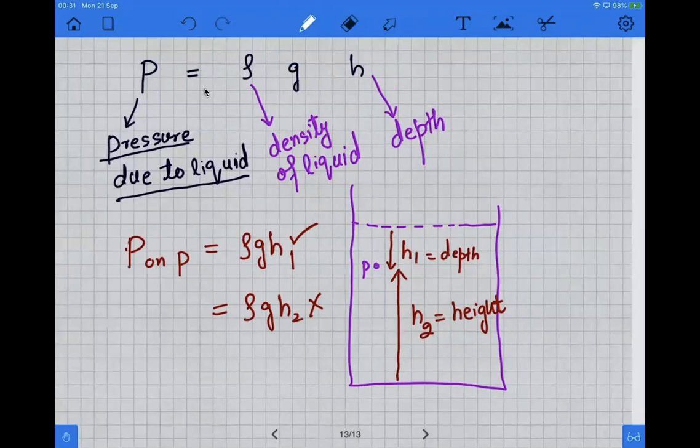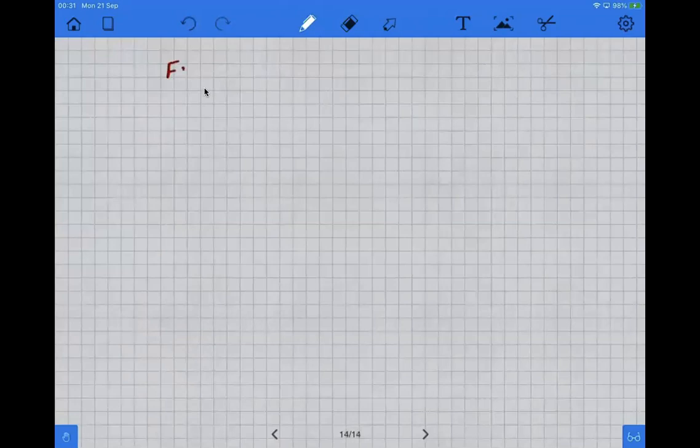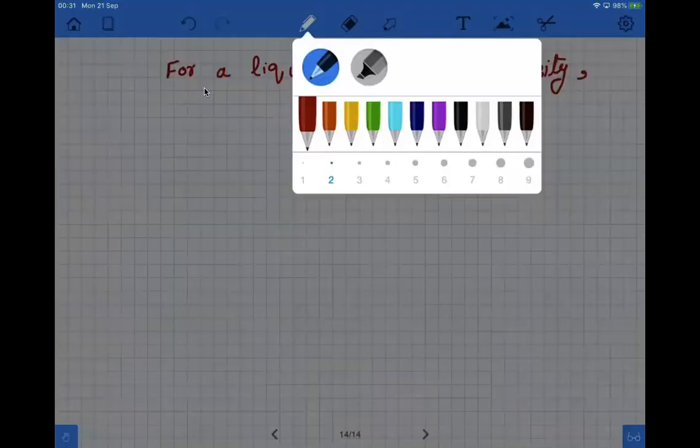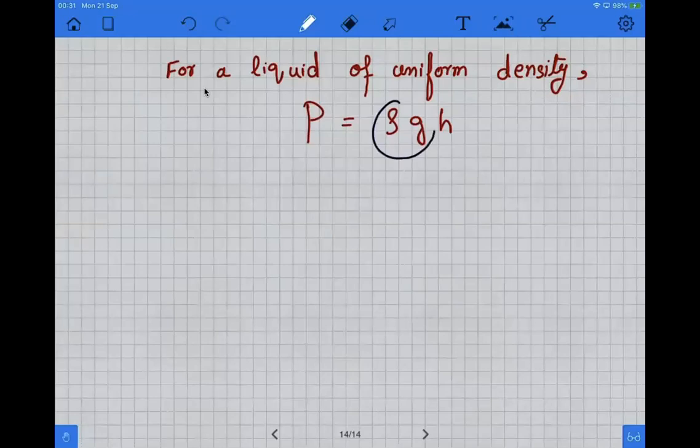Now let's assume a liquid of uniform density throughout. Then since P is equal to rho into G into H, these two will be constant.